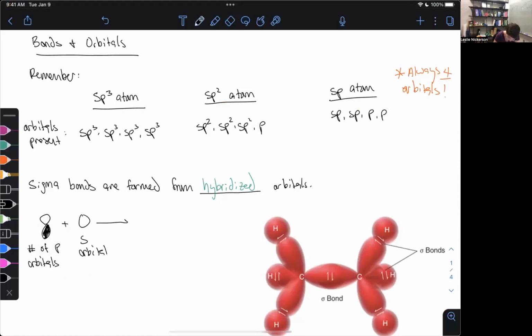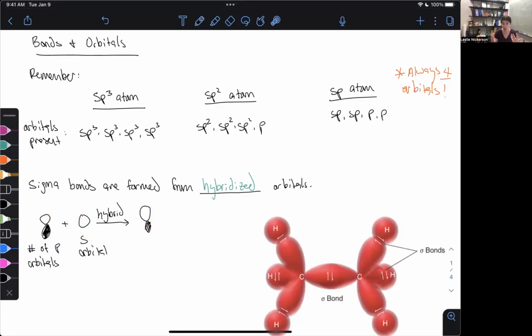We hybridize those, and then we get some kind of hybridized orbital. Hybridized orbitals are usually drawn with one larger end and one smaller end, but they look like that p orbital shape. It's like if you just took this and glommed it into that top piece, so that top piece is now bigger.